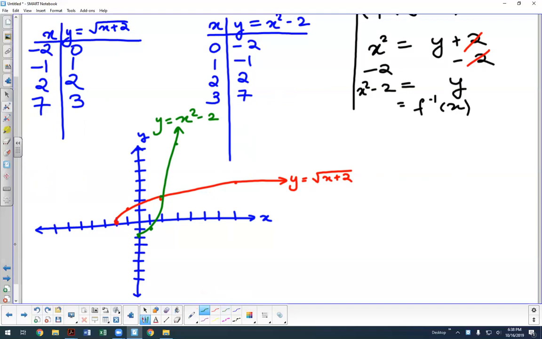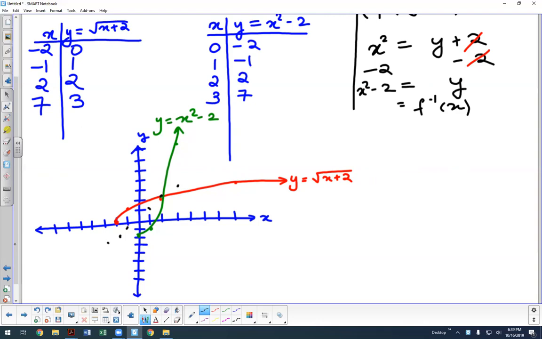And then just for reference, I'm actually also going to draw our y equals x line to show that these guys will look like reflections of each other. So that will be through 1, 1, 2, 2, 3, 3, and then down here.